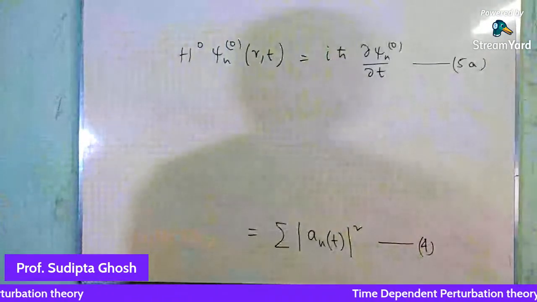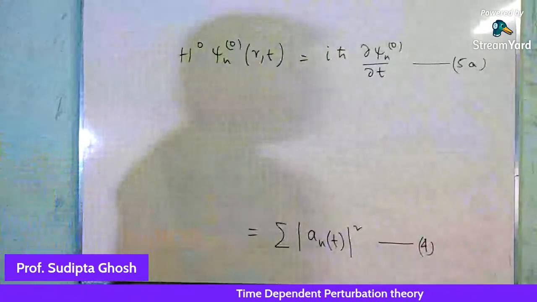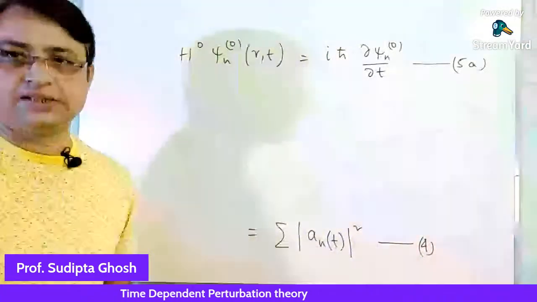Similarly, as we know, phi n0 is a function of r.